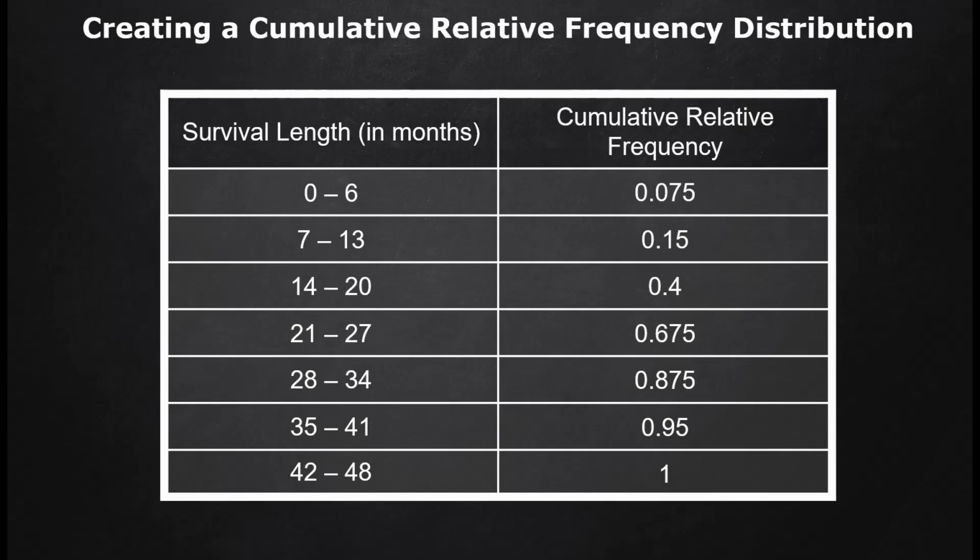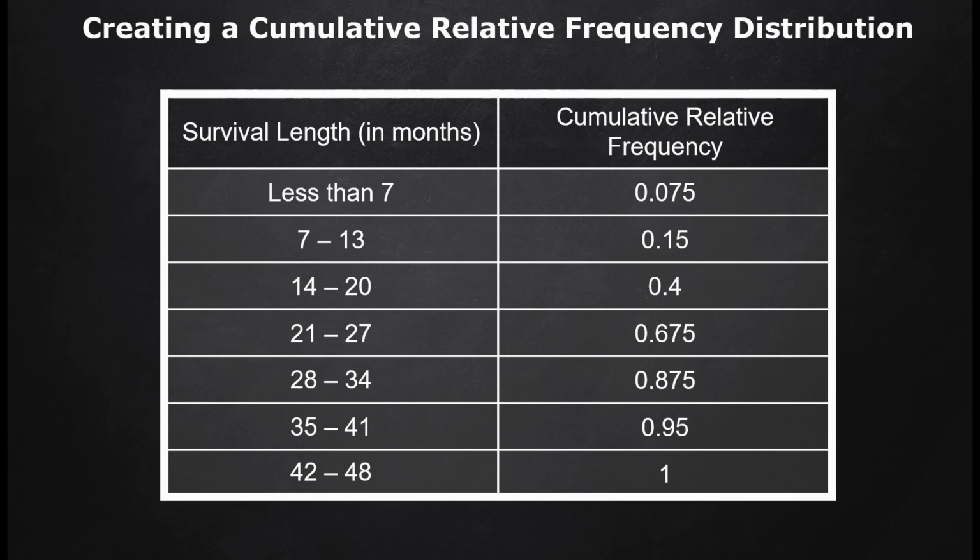There is a different way that some books write a cumulative relative frequency distribution. For whatever reason, they drop the ranges. So they drop the 0 to 6, for example, and instead they write less than 7.